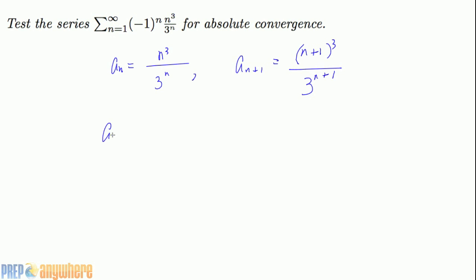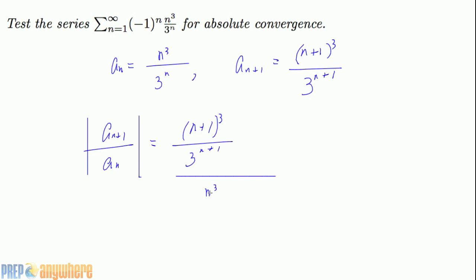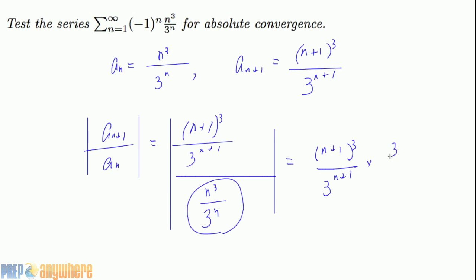So if you have a_(n+1) over a_n, we have (n+1) cubed, all divided by n cubed over 3 to the power of n. It's a compound fraction, so let's uncompound it: (n+1) cubed over 3 to the power of n+1 times the reciprocal, 3 to the power of n over n cubed.